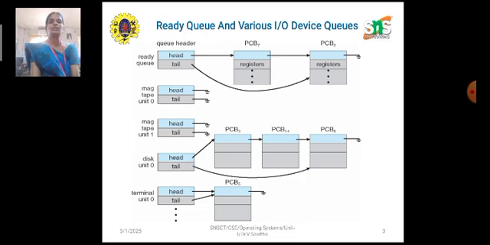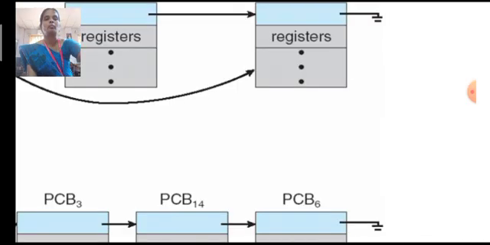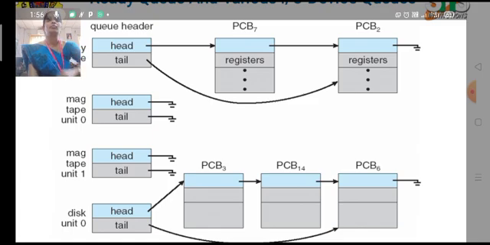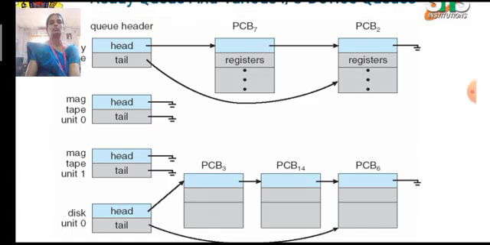This diagram visualizes the various queues, the IO device queues, and the ready queue. In the first diagram, the ready queue has two jobs, P7 and P2. It means two processes whose PCBs are already loaded into main memory: PCB 7 is the PCB of process 7, and PCB 2 is the PCB of process 2.